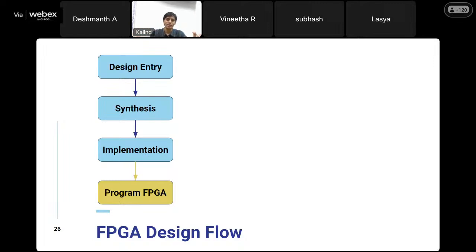So whatever logic gates your synthesis provides, whatever netlist that you saw in the previous slide, let's say XOR gate, AND gate, or OR gate, it will be realized using these LUTs available in the FPGA, right? So that's what implementation means. Once this is done, you get one single file, which is a bitstream file, and using that bitstream, you can program the FPGA.